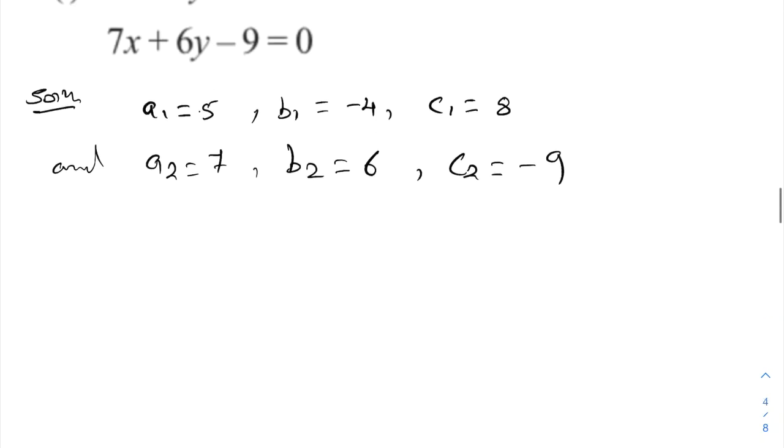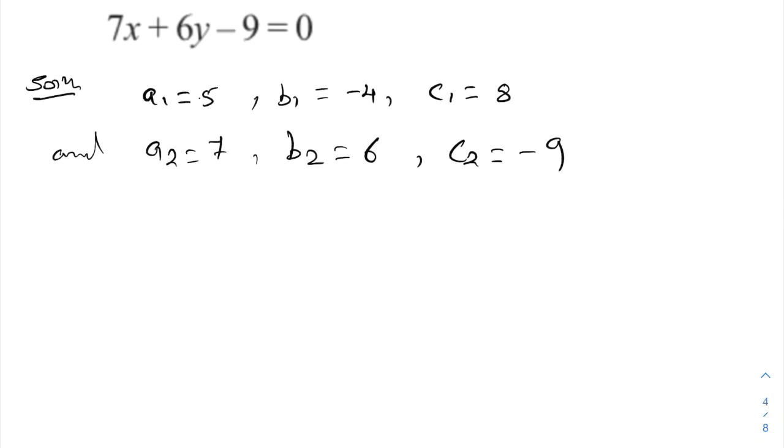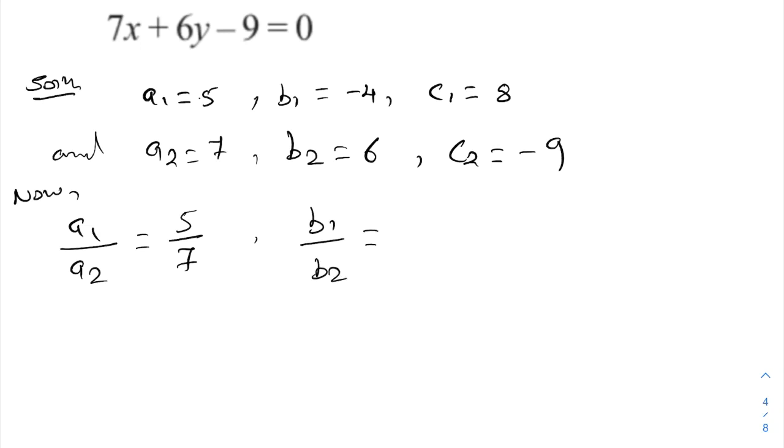Now let us try to find the ratios. a1 upon a2 is 5 upon 7, then b1 upon b2 is minus 4 upon 6. Let us write this in lowest form, so we get minus 2 upon 3. Next, c1 upon c2 is 8 upon minus 9.